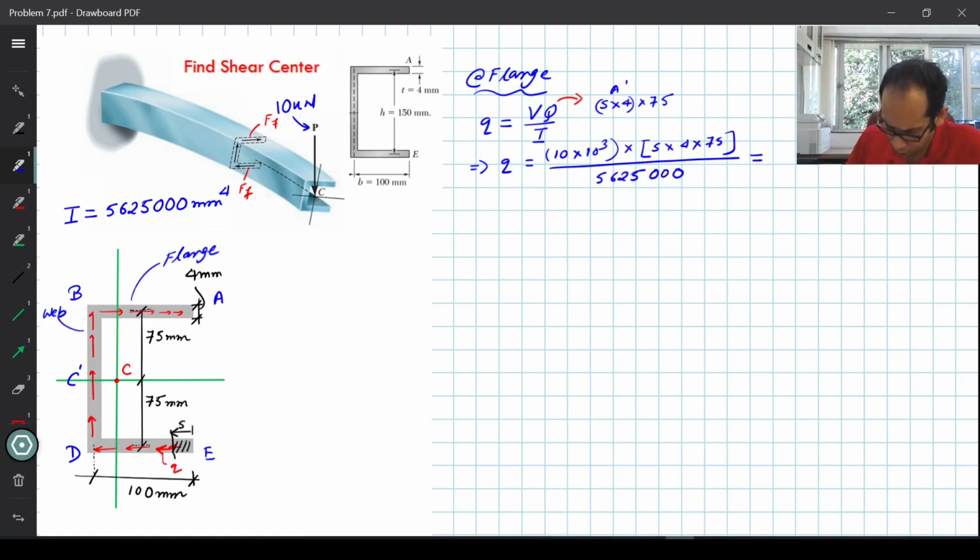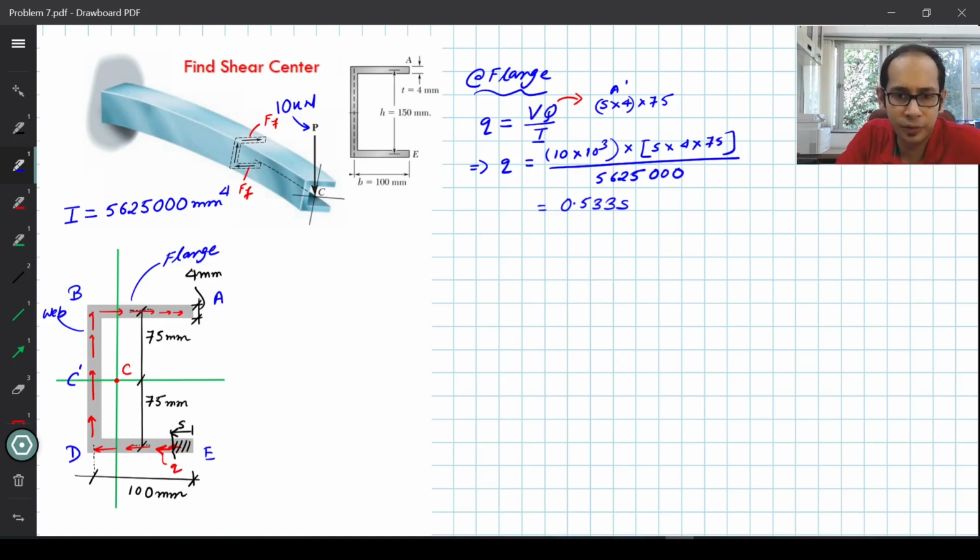I have this calculated already, it gives you 0.533 S. Oops, sorry, I wrote that behind my camera, so I will just write it below. That gives you 0.533 S. So it is in terms of S because you have this S over here.